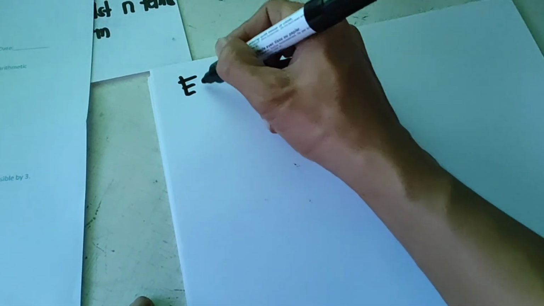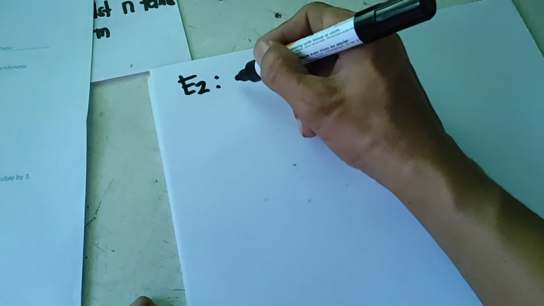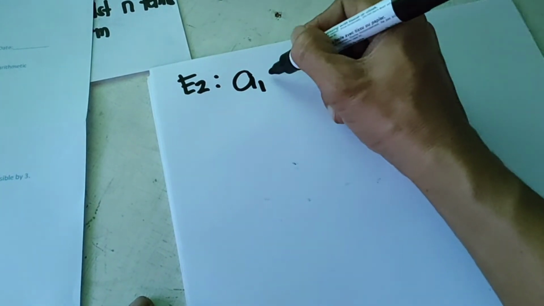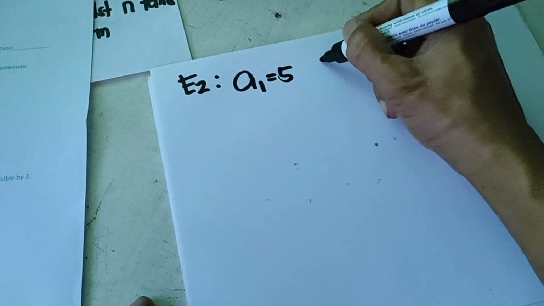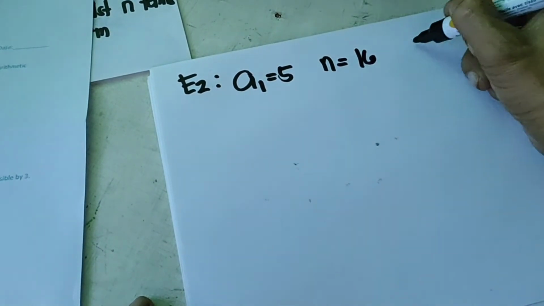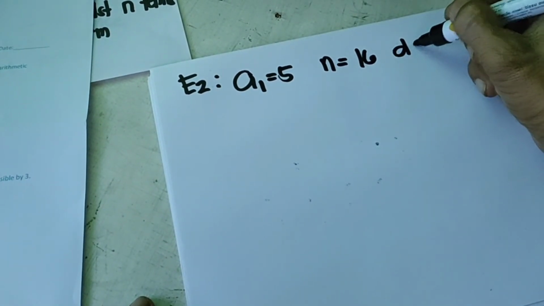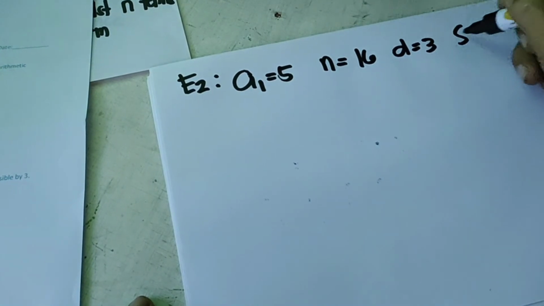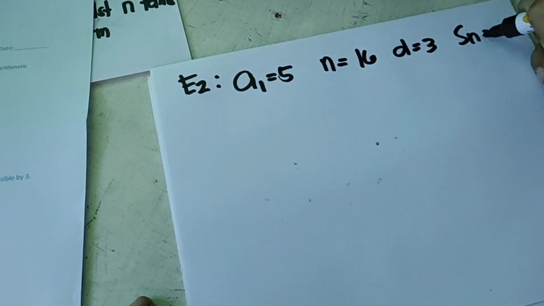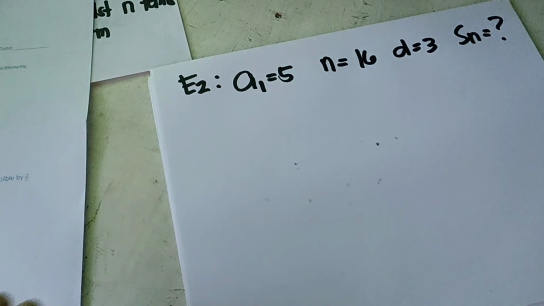Okay, let's try another example. So example number 2 is, first term is 5, n is equal to 16, difference is equal to 3, then Sn is equal to unknown.